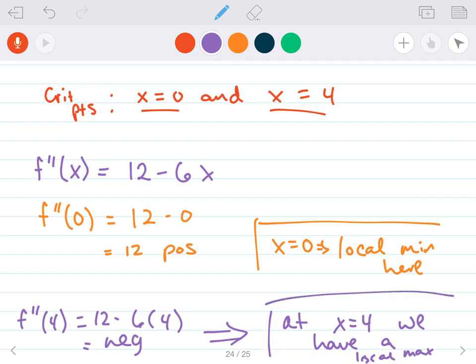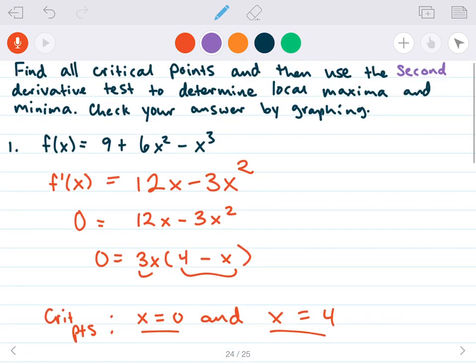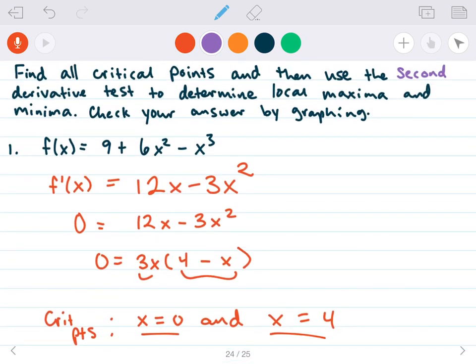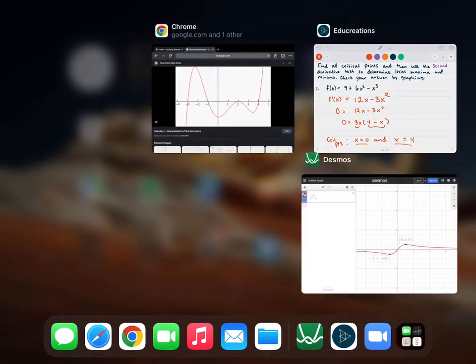So let's check out the original function, see if we're right. 9 plus 6x squared minus x to the 3.